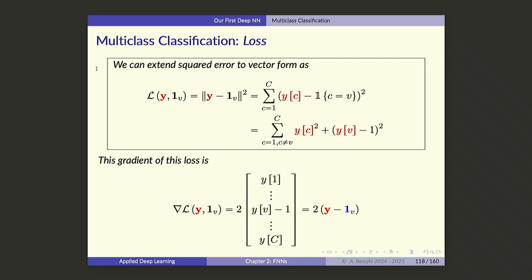Class 2, it's going to be 2 times y2, and so on, till you get to class v. It's going to be 2 times y of that class minus 1, and for the rest of them it's again the same, right? And you can more easily write it in this form. It's going to be 2 times your real output of the neural network minus the one hot vector. Easy peasy lemon squeezy, right? I learned it a few days ago from my kid. So everything fine, right? Okay.